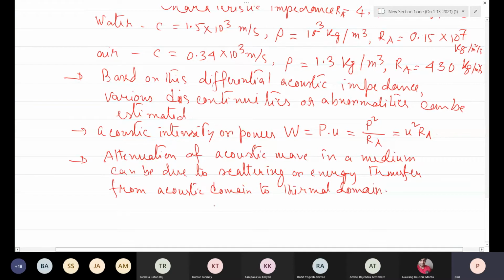The treatment of energy transfer, that is acoustic energy transfer from the acoustic domain to the thermal domain, can be analyzed by detailed analysis of the thermodynamic behavior of the medium, which of course we will not discuss, but this is characterized simply by estimating the displacement field or the displacement amplitudes of the acoustic wave.